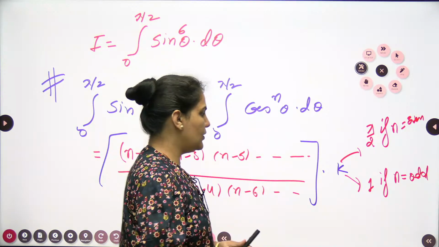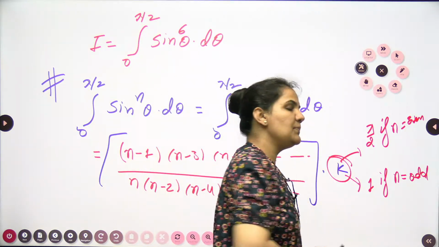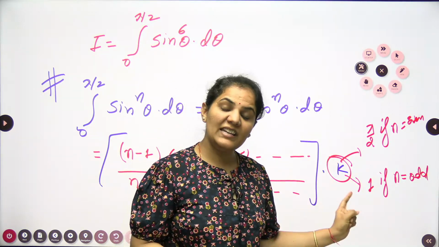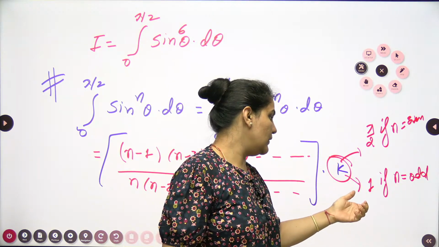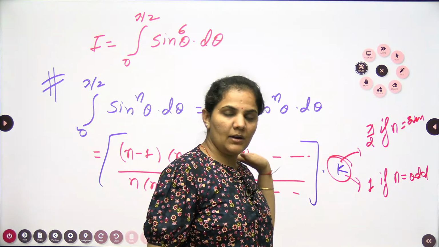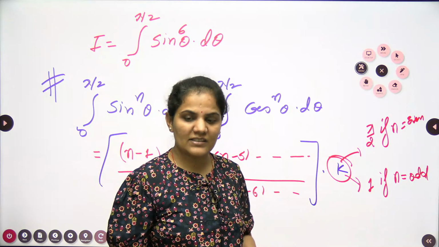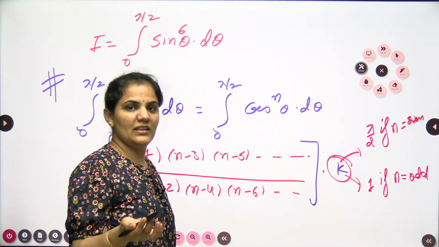Multiply with k, and the value of k depends only and only on n.